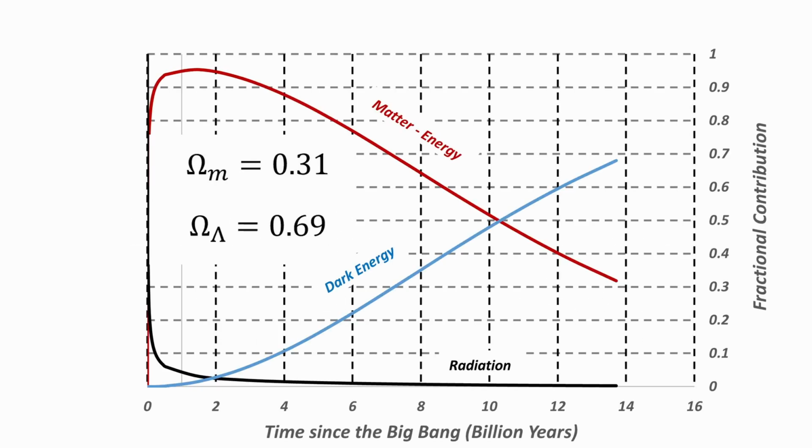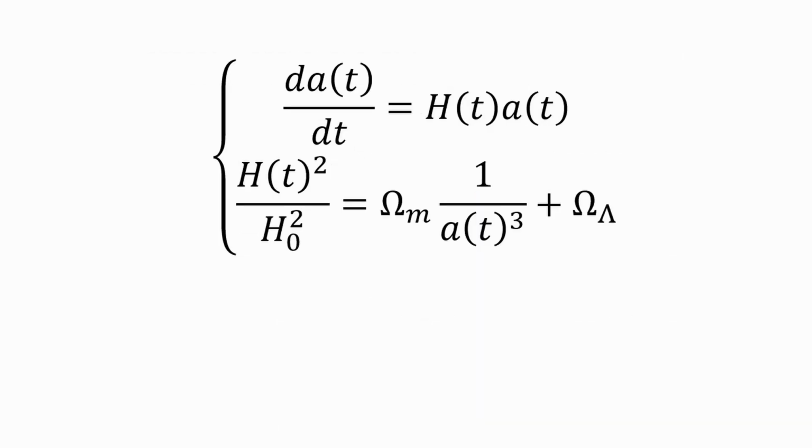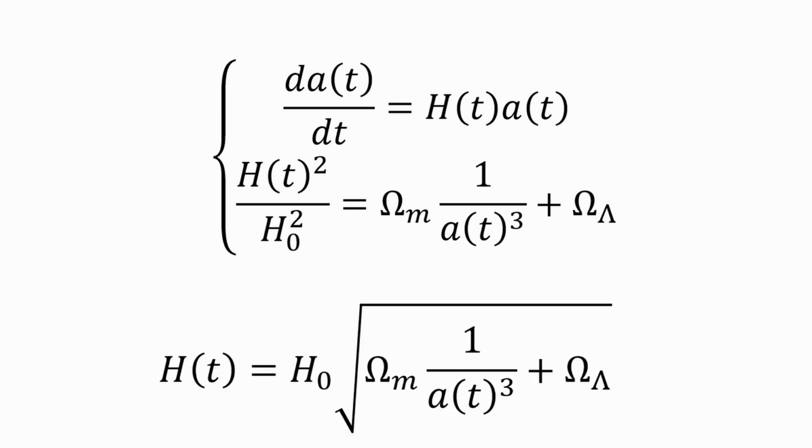The lambda CDM model can be solved using the following approximations for the current density parameters. The Big Bang model equations are the second equation can be written as.